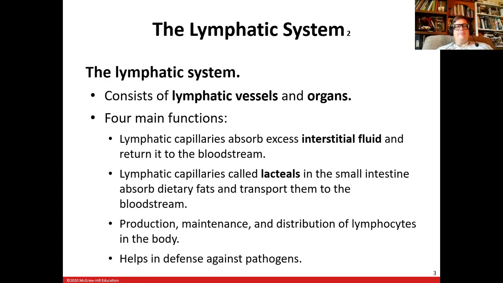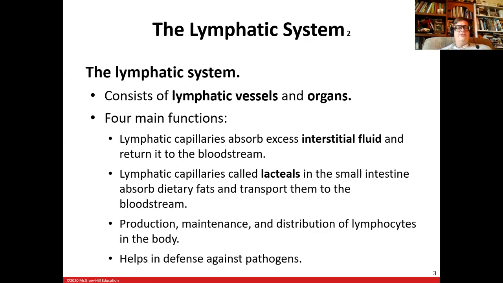The lymphatic system has lymphatic vessels and lymphatic organs. Lymph capillaries are little tiny tubes that absorb this excess interstitial fluid and get it back to the bloodstream.